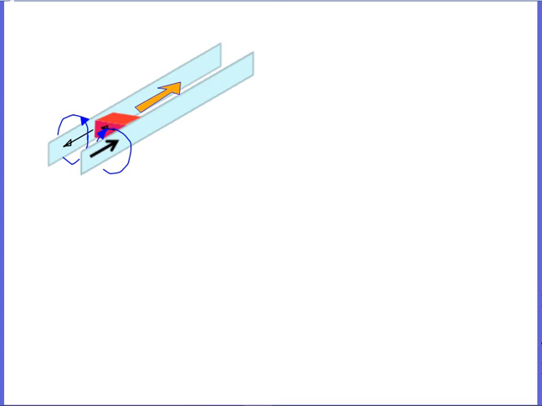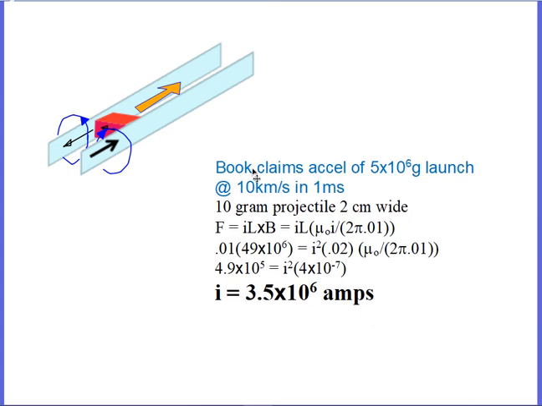And in the book's discussion, they claim that it can produce an acceleration of 5 million Gs. That is, it can cause this thing to reach a speed of 10 kilometers per second in 1 millisecond.